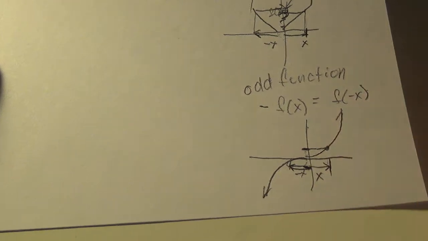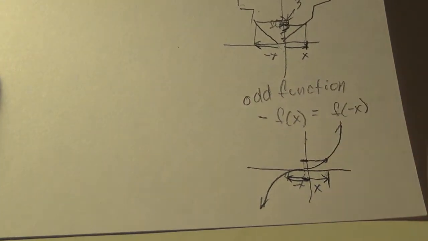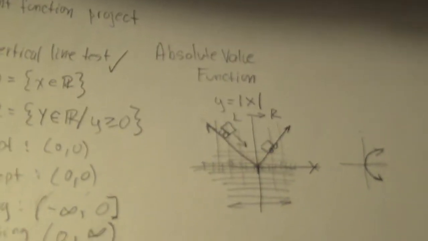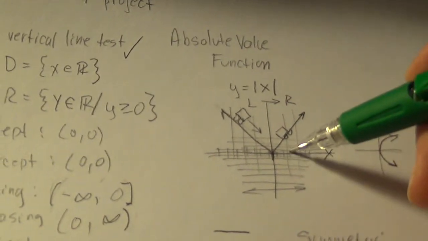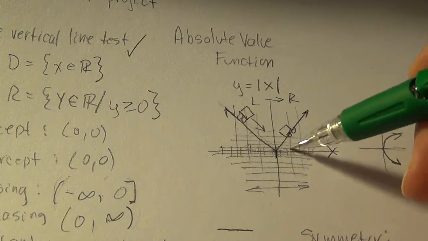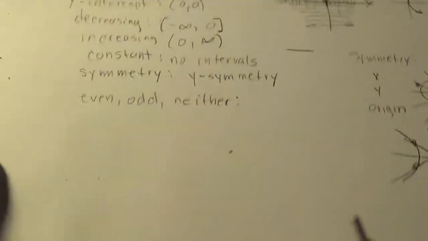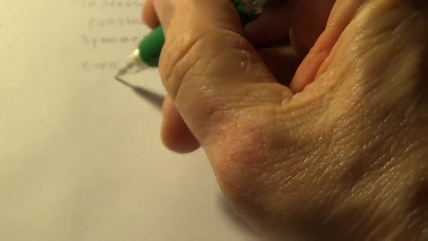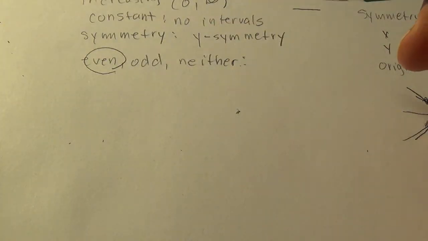So they're the same value but the opposite sign. That's an odd function. So in this case, we see that if we go out x and negative x, we get the same value for f of x. So we have an even function. If it doesn't act like that either way, we call it a neither.